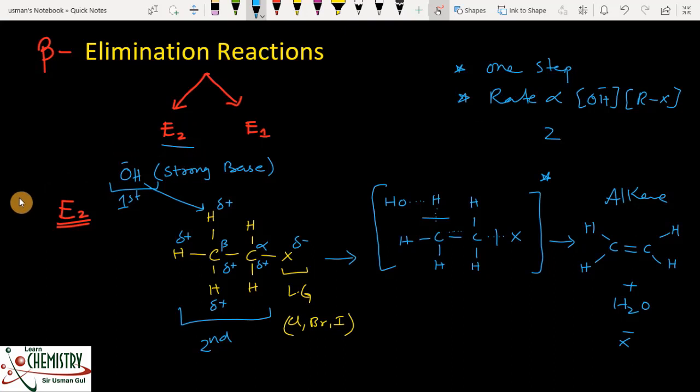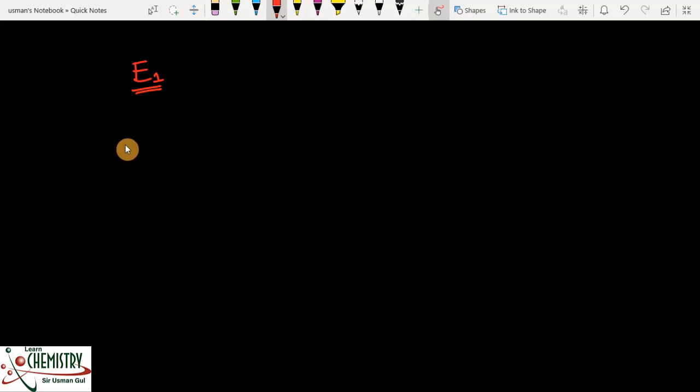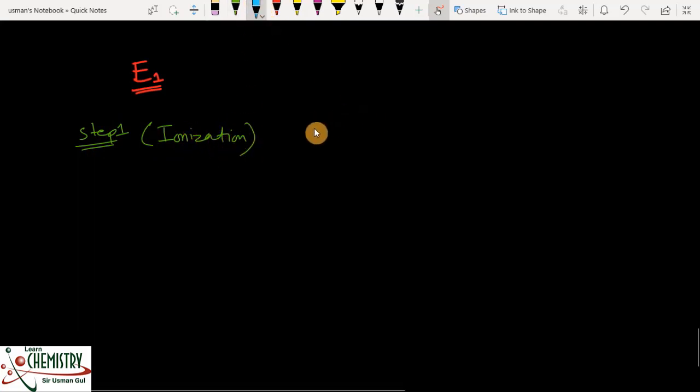Let me now explain the E1 reaction mechanism. The E1 reaction mechanism also occurs in two steps, as in SN1. In step number 1, the ionization of the alkyl halide will occur. Let's suppose this one is the alkyl halide.